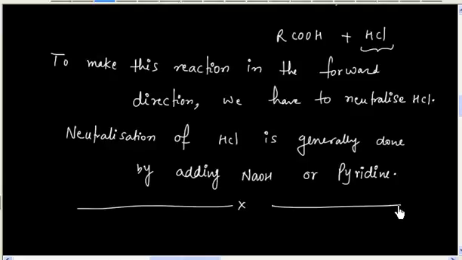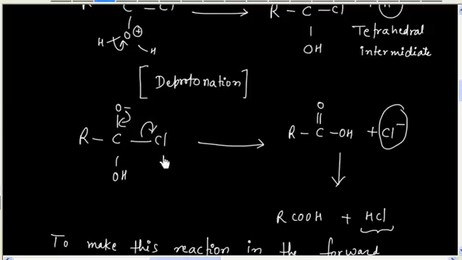And the reaction is nucleophilic attack by H2O. It gives tetrahedral intermediate, and then halogen is a good leaving group. So in the next step, we have to expel the halogen. In this step, halogen, in this case chloride, is a good leaving group.